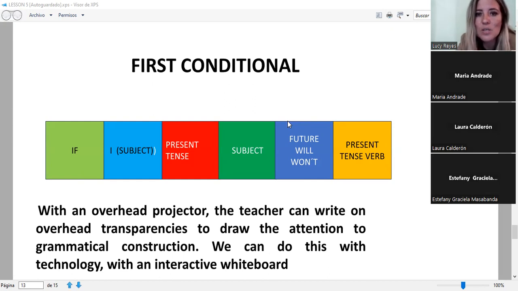You can use these squares, and you can use them if your school doesn't have projectors or useful tools, or there is a lack of technology. You can paste a lot of construction paper with different colors, and then with the permanent marker, write the grammar, the sentence that you have to describe to your students.